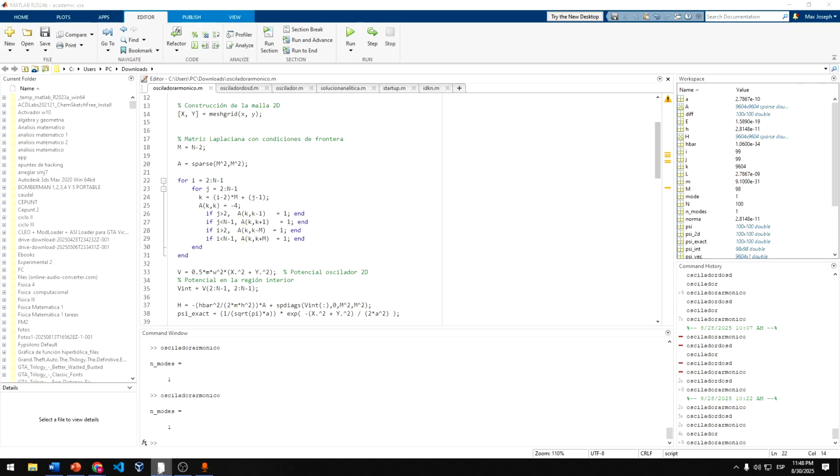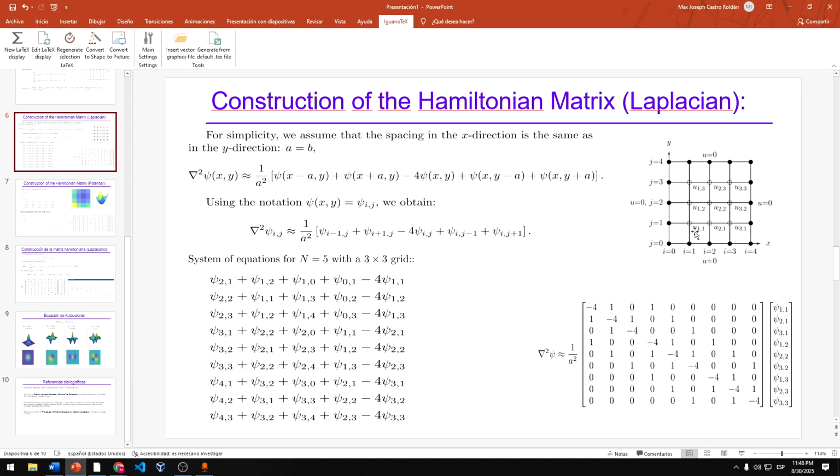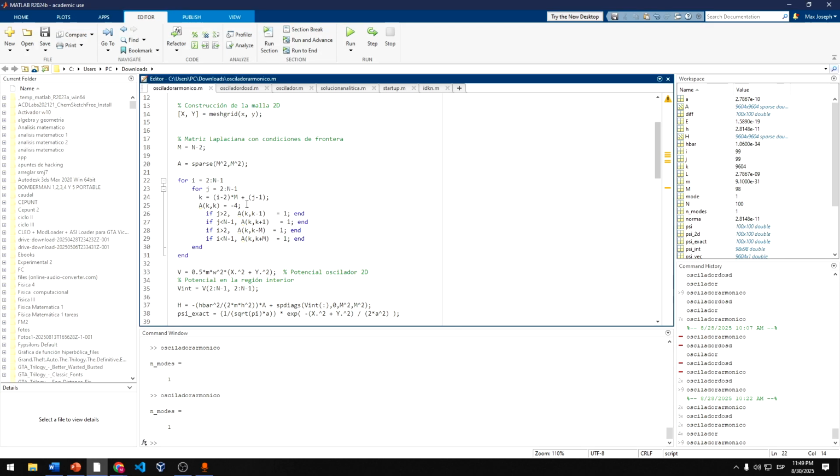Y bueno, siguiendo con el for, para j vamos a empezar con el nodo 2, n-1, o sea 2,2. Es básicamente lo mismo que esto, solo que en vez de 1,1 es 2,2 y solamente vamos a sumarle 1. Es que MATLAB no trabaja con valores definidos en ceros para los ciclos for. Ese es un problema.